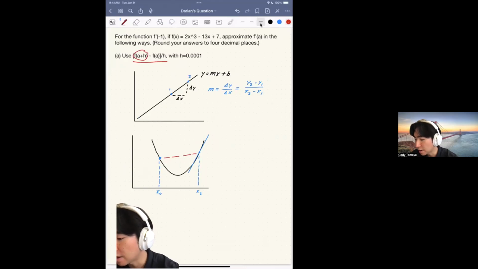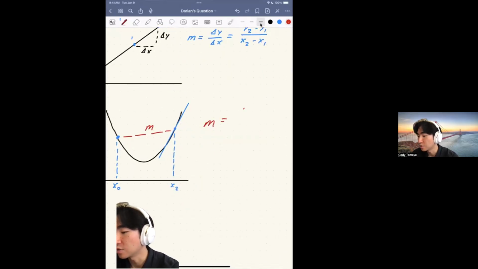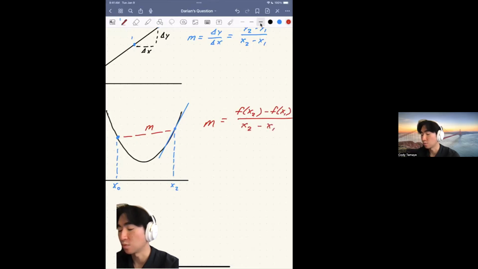So the slope m is again equal to the y value at x2 minus the y value at x1, over x2 minus x1.